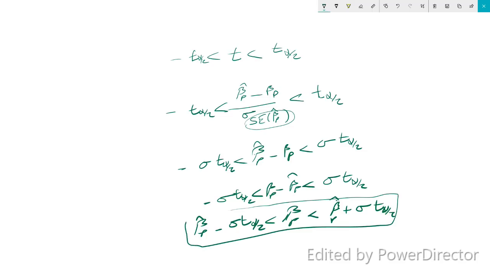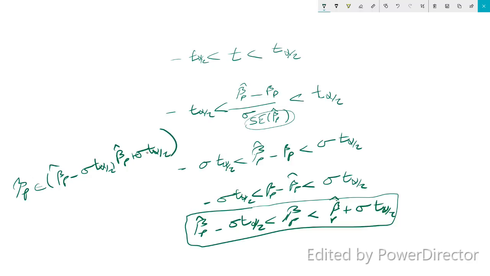So basically what this is saying is that if we want to find the 95% confidence interval, because here alpha is chosen to be 0.05, this means that beta p, the true parameter, the true coefficient, should belong to this interval, which is beta hat p minus sigma t alpha over 2 to beta hat p plus sigma t alpha over 2.